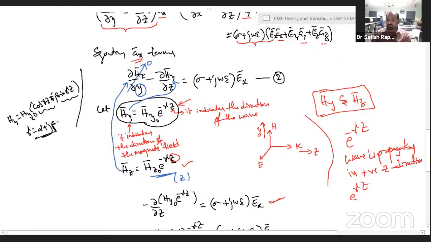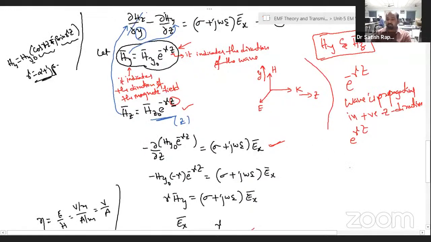E power gamma z means the wave is propagating in the negative z direction, right?